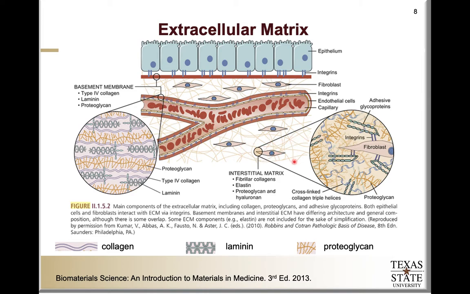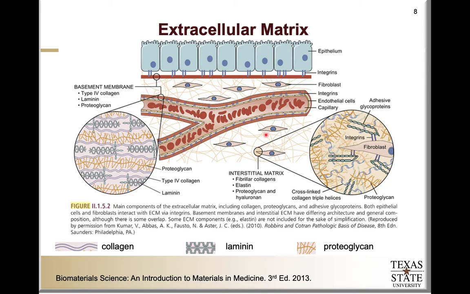Now, extracellular matrix, there's at least two main types that I'm trying to display in this image. One of those is the basement membrane. That basement membrane is a membrane of proteins and fibers, and I should say protein fibers and glycosaminoglycans, that separates the epithelium from the underlying tissue.